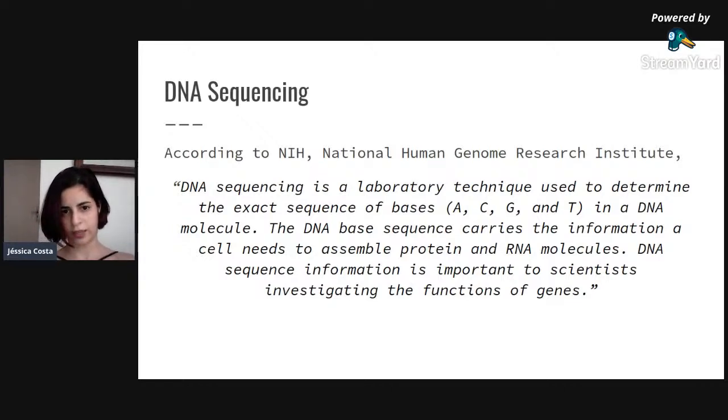Remember, DNA is deoxyribonucleic acid and RNA is ribonucleic acid. DNA sequence information is important to science to investigate the functions of genes. Genes make proteins. These proteins form your body, your processes.